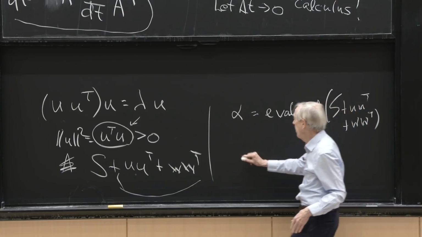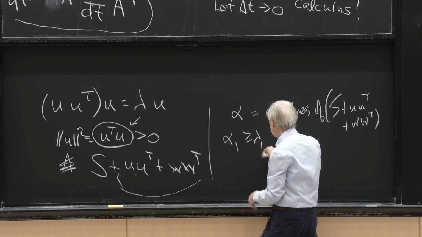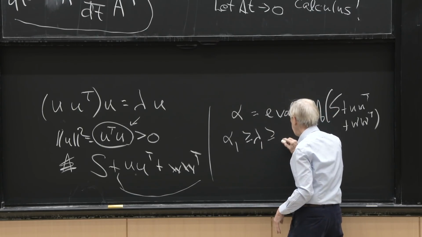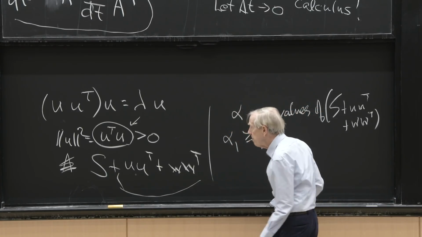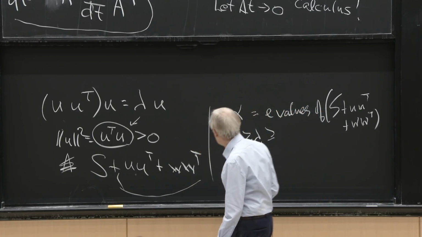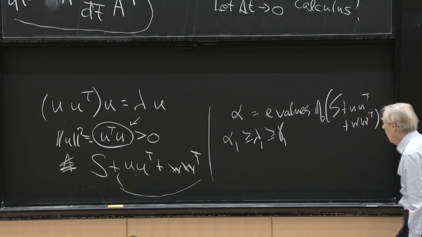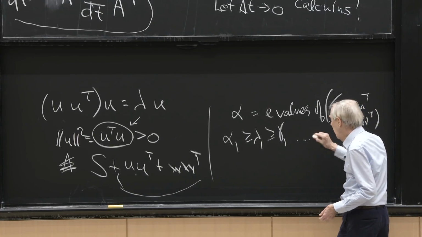So alpha 1 is greater or equal to the lambda 1, which had just a rank 1 change, which is greater or equal to the mu, was it mu? Gamma 1, and so on, okay.